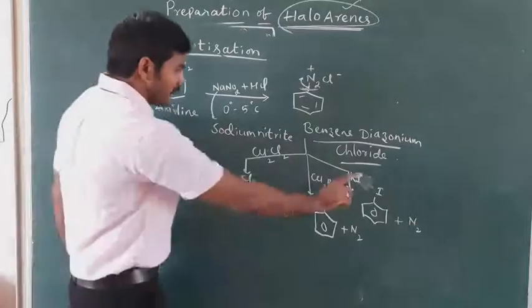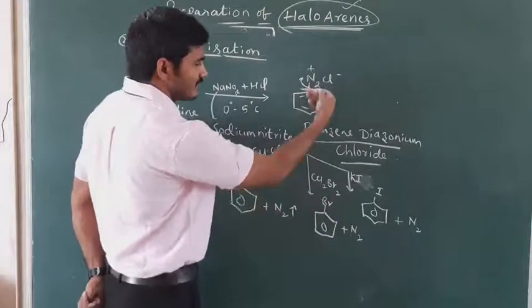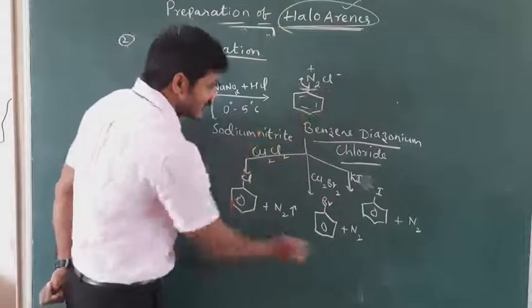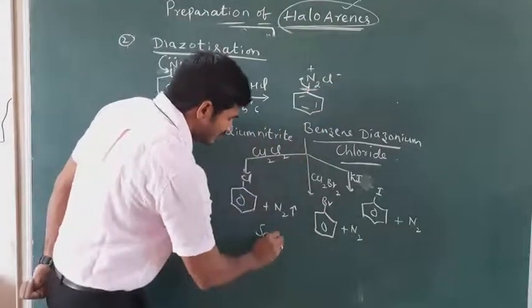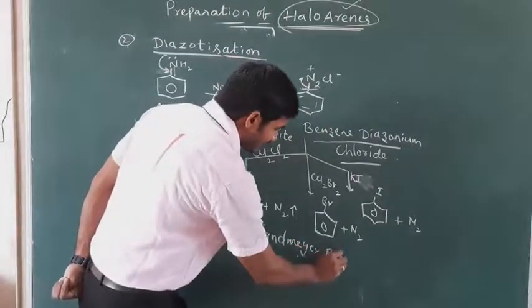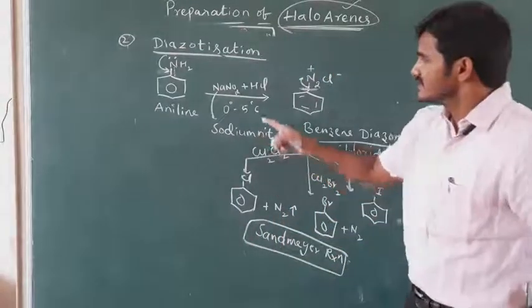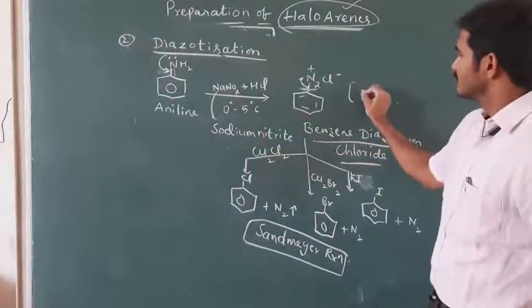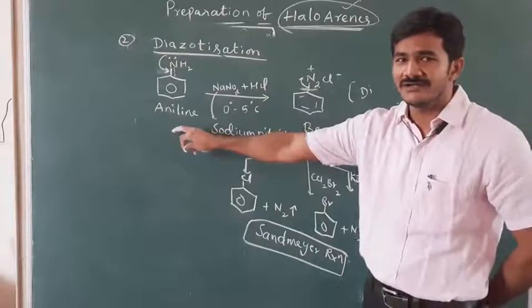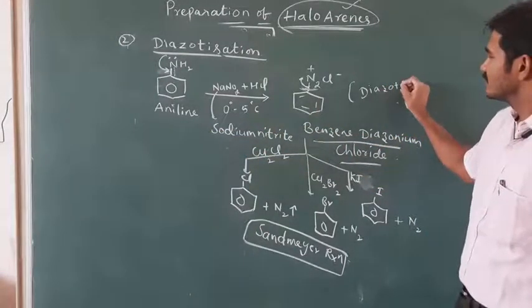This process, the addition of Cu2Cl2, Cu2Br2, or KI to diazonium chloride, is said to be the Sandmeyer reaction. The conversion of aniline to benzene diazonium chloride is said to be diazotization.